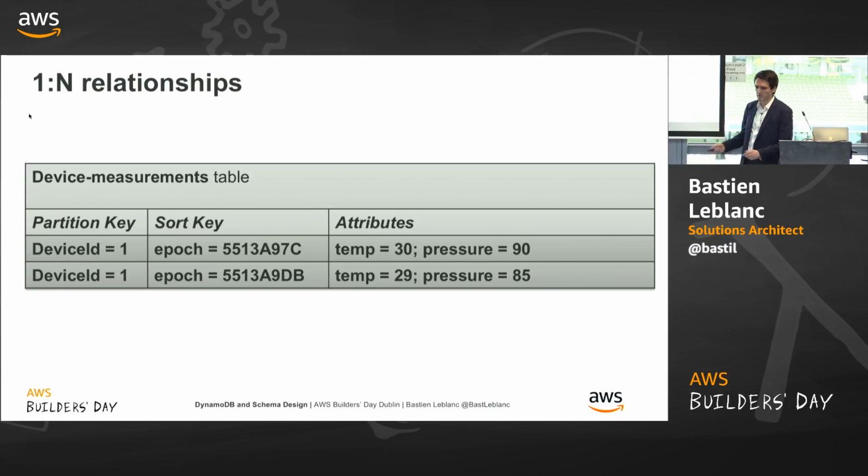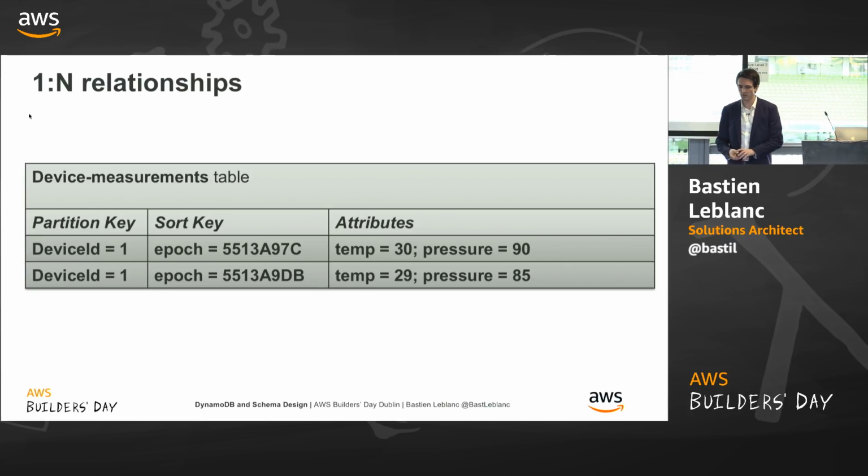One more, probably simpler, example, a one-to-many relationship again, because it's devices and measurements. So you will use the device as a partition key, but that's not unique. It's quite spread because you probably have 10,000 sensors, but it's not unique.